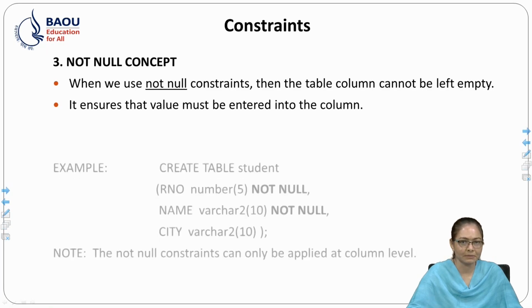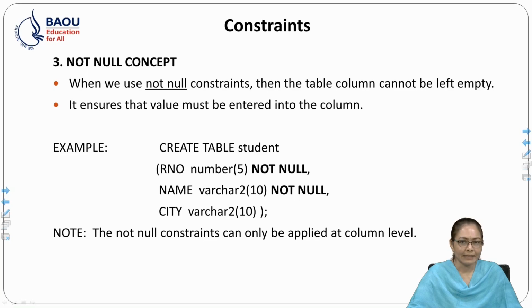For example, create table student, roll number in brackets 5, then not null. Here we apply not null, meaning the roll number is a compulsory field. You must enter the data into the roll number.